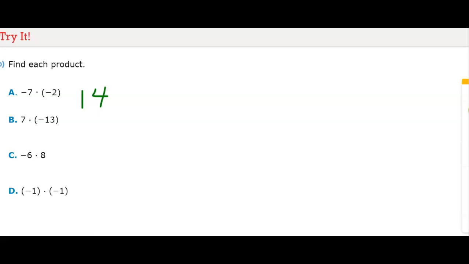We learned from example 1, when you have a negative times a positive, your answer will be negative. So 13 times 7 is negative 91. Okay, and the last 2 I think you can handle on your own.